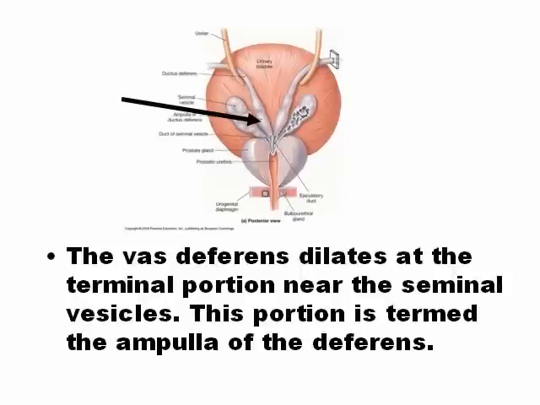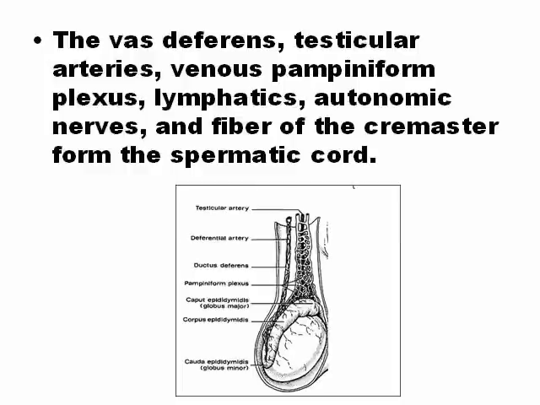The vas deferens dilates at the terminal portion near the seminal vesicle. This portion is termed the ampulla of the vas deferens. The vas deferens, testicular arteries, venous pampiniform plexus, lymphatics, autonomic nerves, and fibers of the cremaster form the spermatic cord.